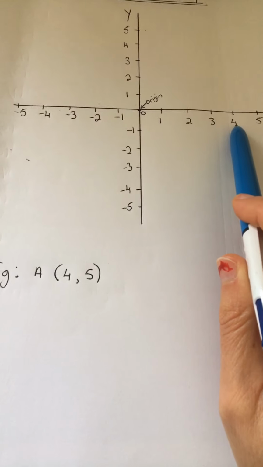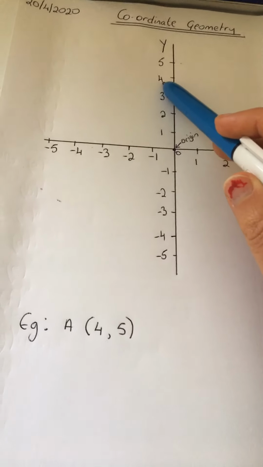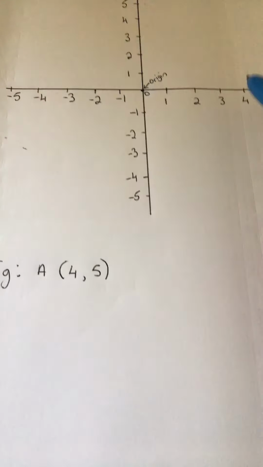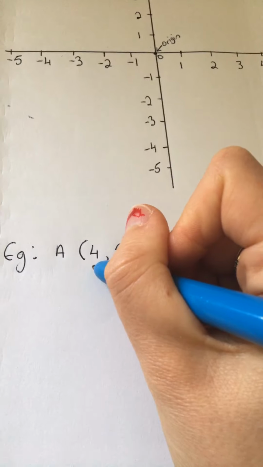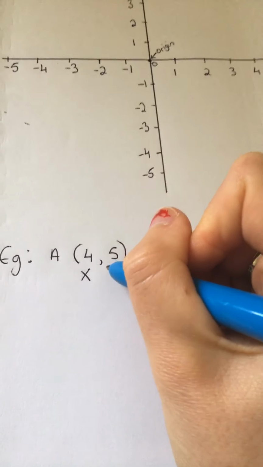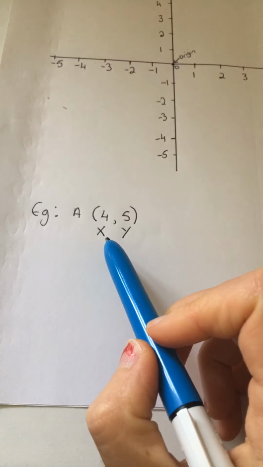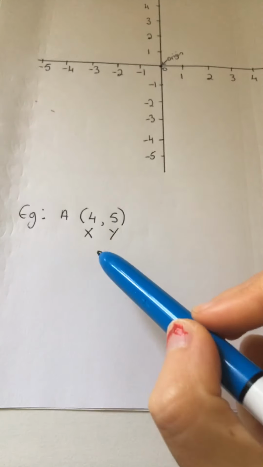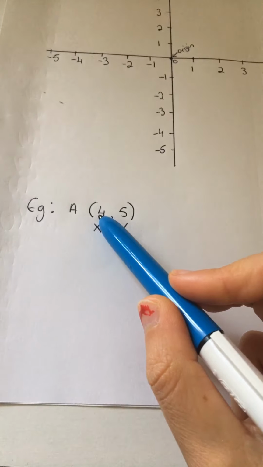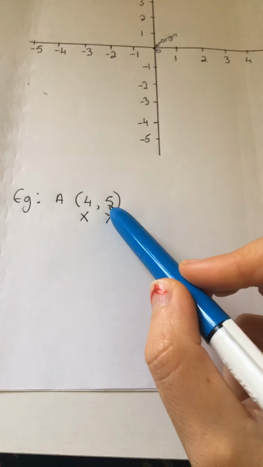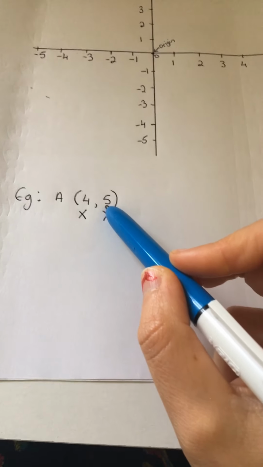So it's this 4 here, not this 4. Okay, so just out of practice, this is the x-axis and this is the y. You won't always have to label them like this, but for now I would like you to get into the habit. The first number is always on the x-axis and the second number is on the y-axis.